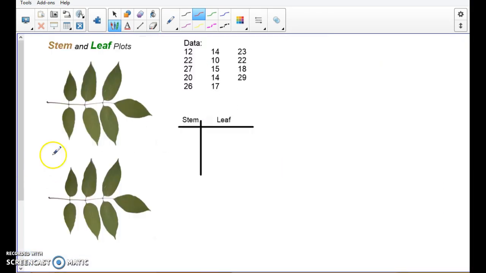Alright, let's make our own now. It looks like I have just 1 and 2 in my 10 spot. There's nothing else. I don't see a 3, and there's no 0 in the tens. I see a 10, so I'm going to put a 0 there. I see a 12, so let's put a 2 there. I see 2 14s, so I'll put 2 4s there.